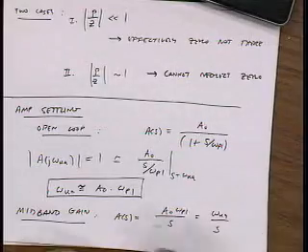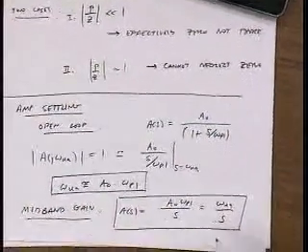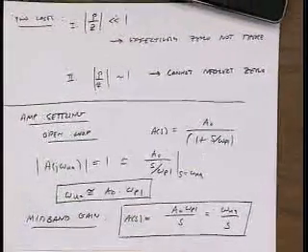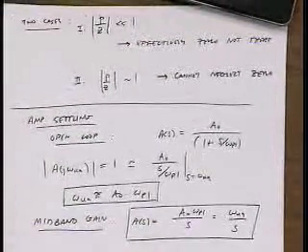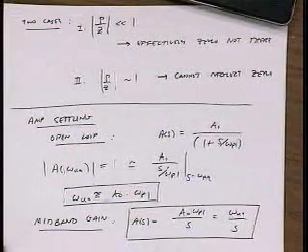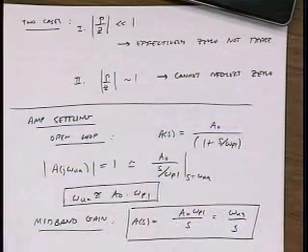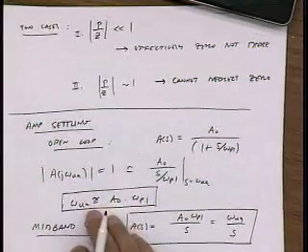So here's a nice approximation that if I'm interested in the midband gain, it's just the ratio of the unity gain frequency of the amplifier divided by the frequency of operation. If I'm operating at half the unity gain frequency, I only have a gain of 2, right? No matter what A naught is. A naught might be 10 to the 9, right? But if I operate at high enough frequency, that gain runs away pretty quickly.